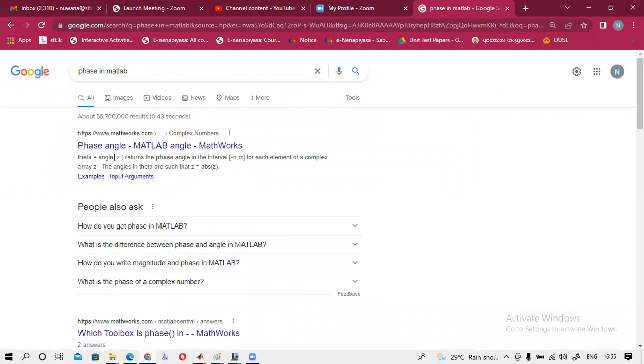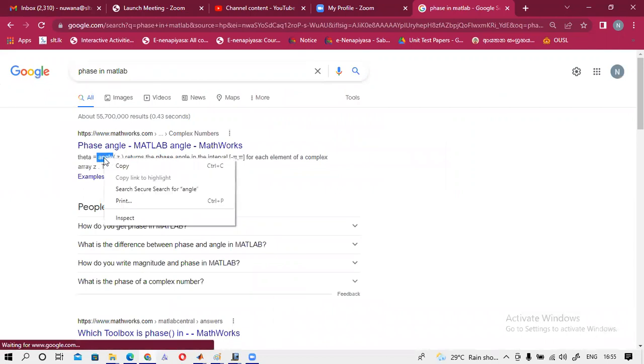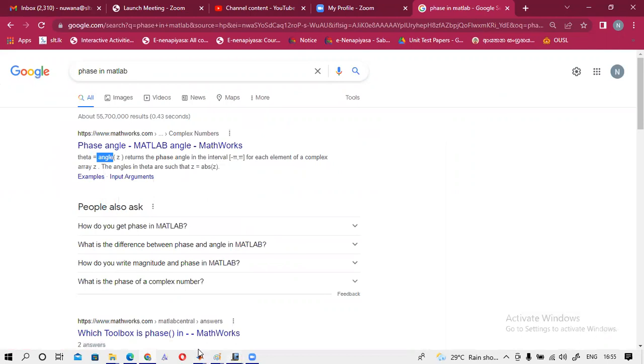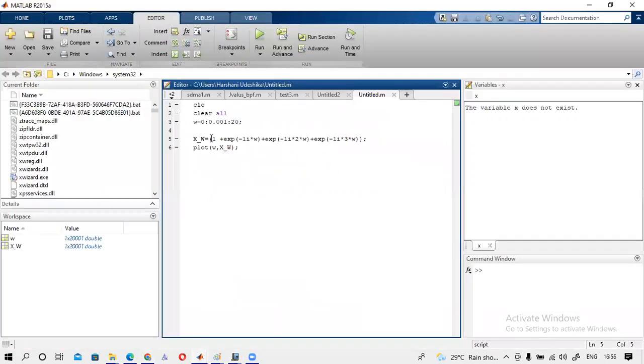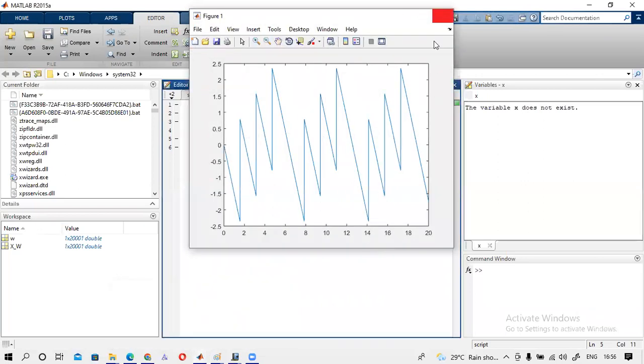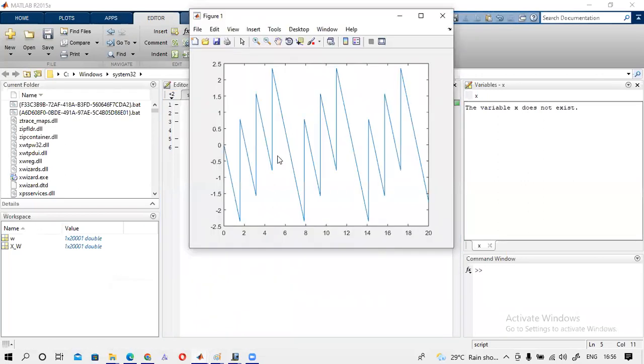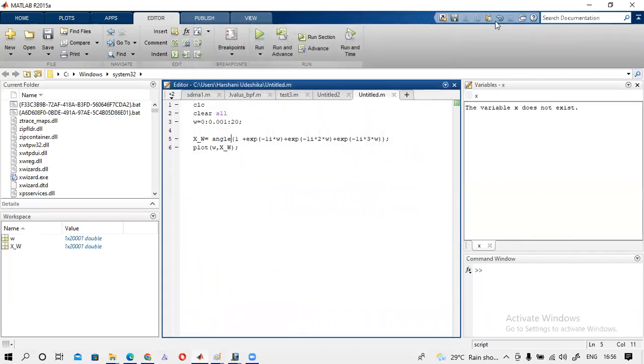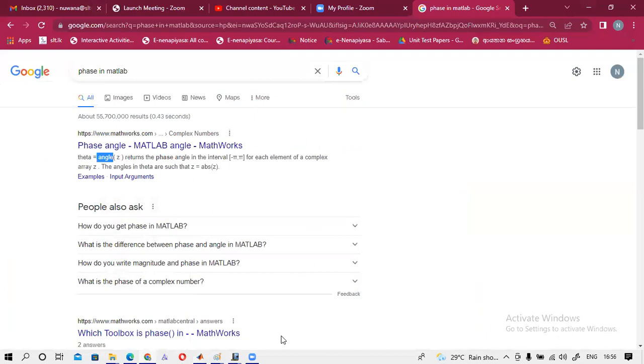Yes, this one, angle. So you have to use this angle. If you plot the angle, you can get it. Your angle will look like this, so your phase will look like this. Correct.